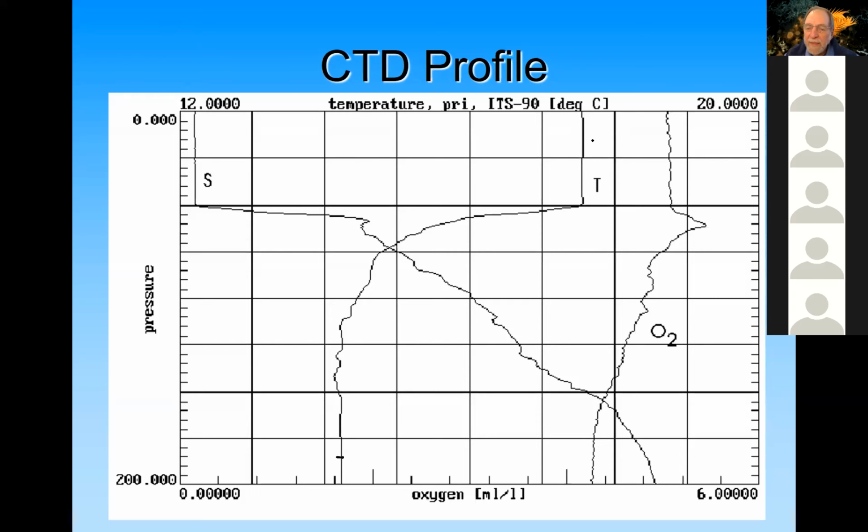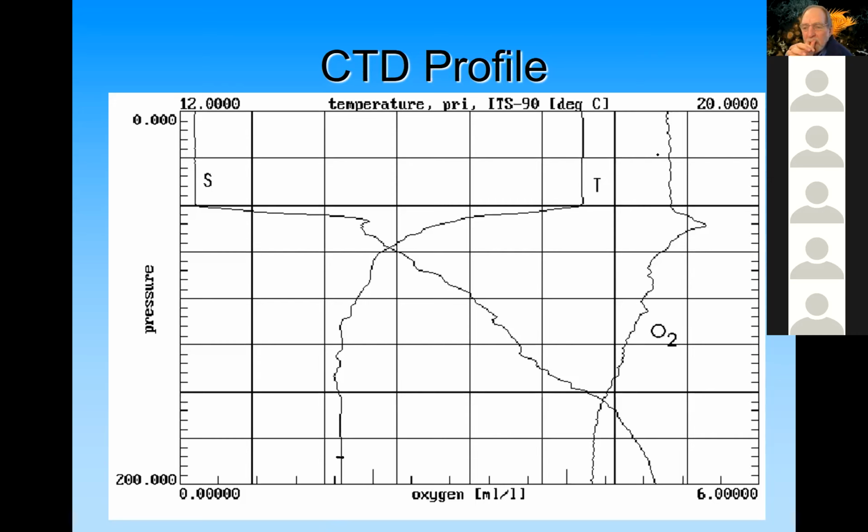Okay, and then we get to this point here, and all of a sudden the temperature starts decreasing and the salinity starts increasing. I'm going to say that the salinity goes from something like 20 to about 35, whereas the temperature goes from 16 down to about 12 or 14 degrees Celsius.